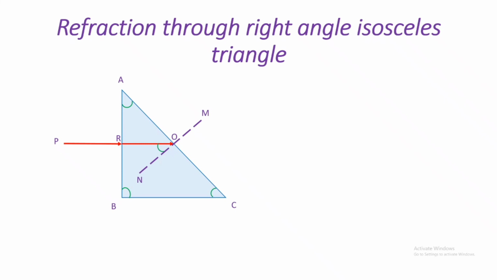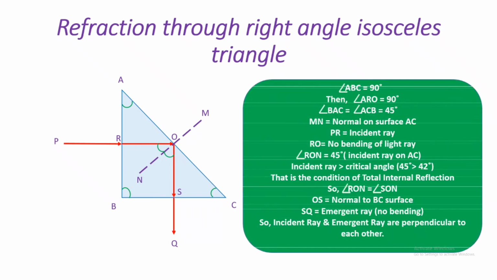That means it is greater than the critical angle, so total internal reflection will take place. The light ray is reflected back by the OS path, and OS enters normally on BC and the light ray emerges by the path SQ. So the incident ray and emergent ray are perpendicular to each other.